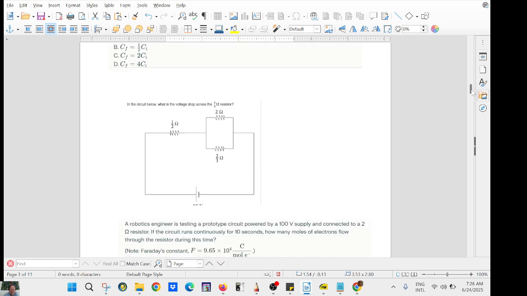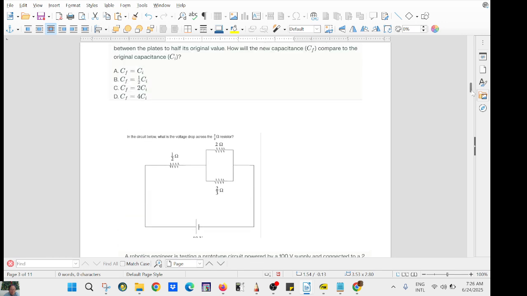Okay, so what about the next one? So here you want to find the voltage across here. The voltage across that resistance is the same voltage across that piece here, which is in parallel, right?